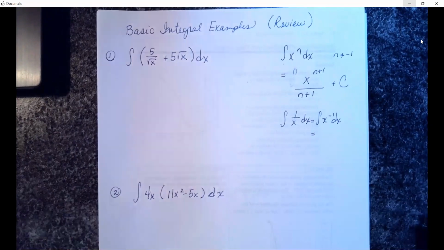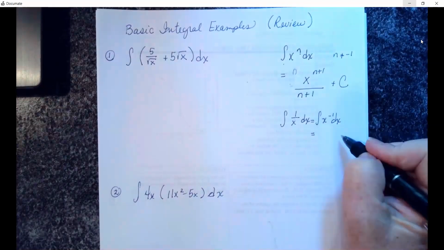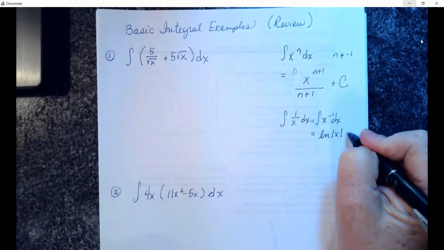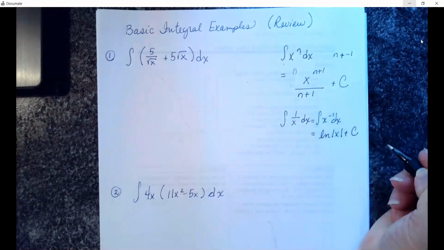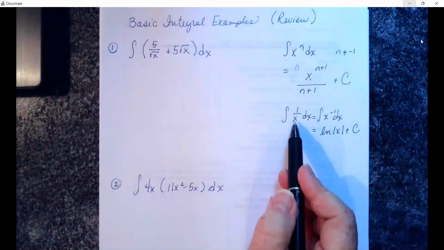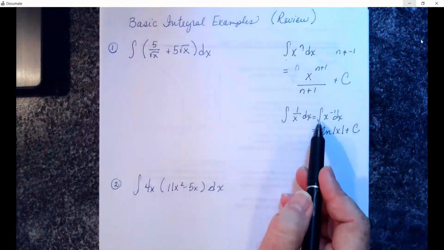It's kind of different, and it starts with a natural log. The integral of x to the -1 dx is the natural log of absolute x plus c. So when the exponent to which your variable is raised is -1, you get a natural log in your answer.